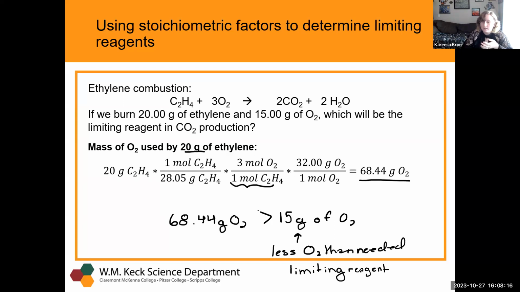And so if we calculate a theoretical yield for this problem, we would have to use the yield that we get for oxygen because it's impossible for us to get up to the yield that we get for ethylene. And so it's important to know which is the limiting reagent and how that influences your yield. So we'll practice more problems like this because it can help us understand what we actually can do in a chemical context instead of what we would sort of like to do or what we might guess we could achieve.